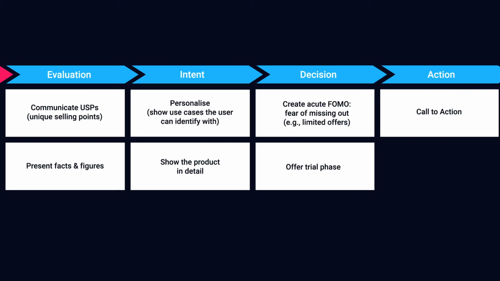Classic example of this, Apple was big at this at some point with their iPhones, and of course they couldn't produce more. Yeah, right. Also big surprise that they are selling a lot of them. So this is what you can do in the decision phase, and in the action phase, you just need a clear call to action to either get the app or sign up for a certain product. That's the point there.